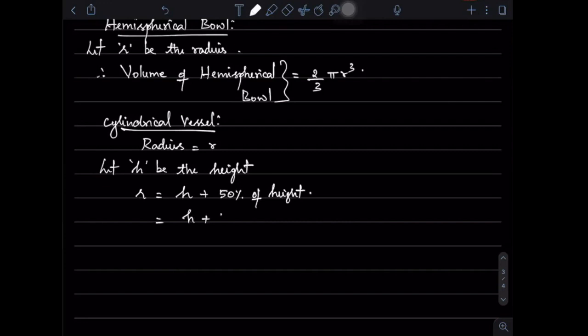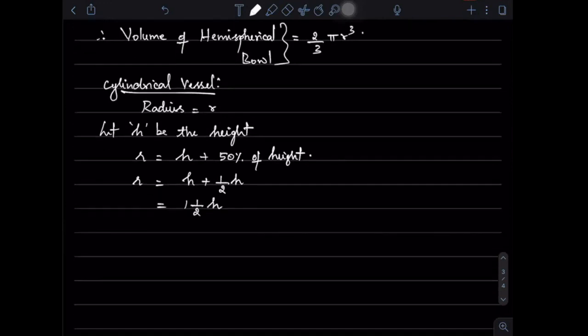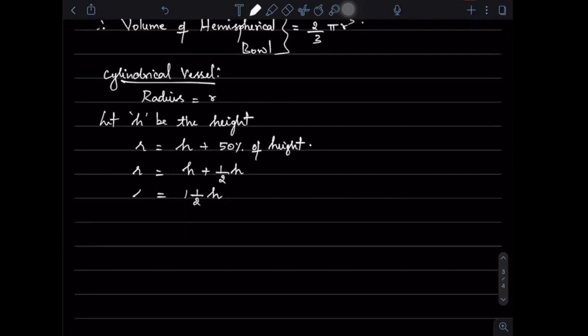R is equal to 3h by 2. That's all. Am I right, children? Read the question carefully and please don't make this mistake. It is 1 and 1/2 times of h, which is nothing but 1.5h, that is 3/2 h.